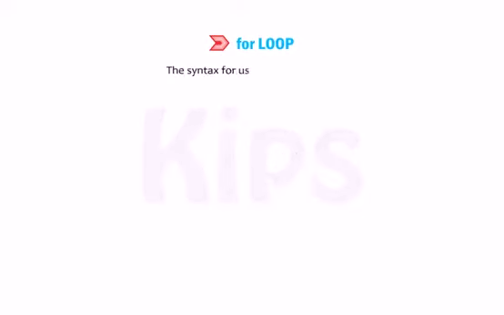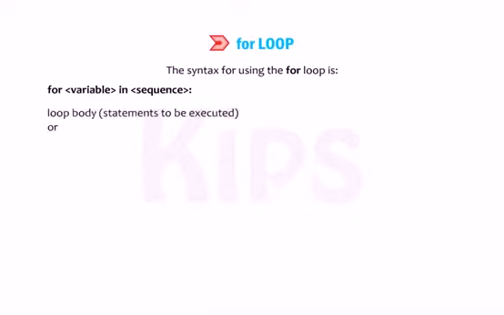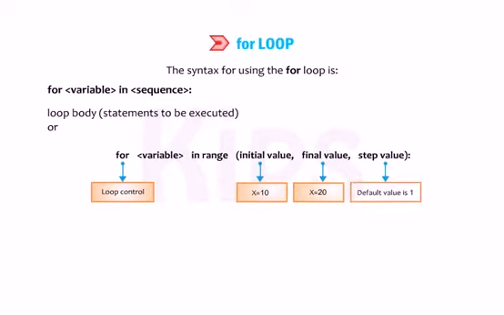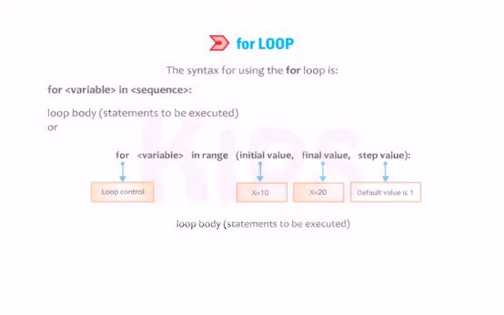The syntax for using the for loop is: for variable in sequence, loop body statements to be executed, or for variable in range. For is loop control. Initial value x = 10. Final value x = 20. Step value: default value is 1. Loop body statements to be executed.